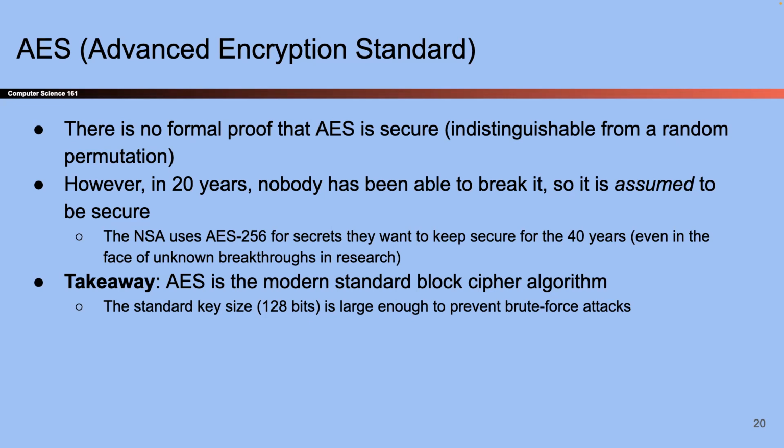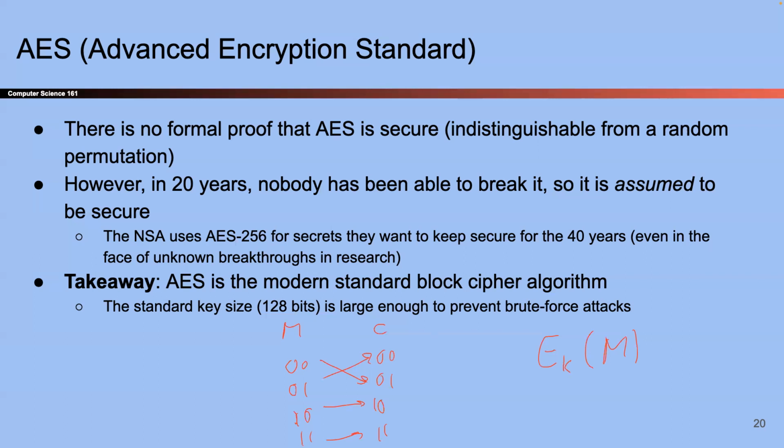So if I say I want E sub K of M and I've chosen some certain K, and we've seen this picture over and over again, okay, just to be clear here: when I choose E sub K and I plug in all the M's, even though these arrows are dropping at random, so even if I'm using AES, you have no idea where those arrows dropped in. Once I fix this, it's fixed. So as soon as I encrypt something, it maps to some output, and I can still decrypt the output.